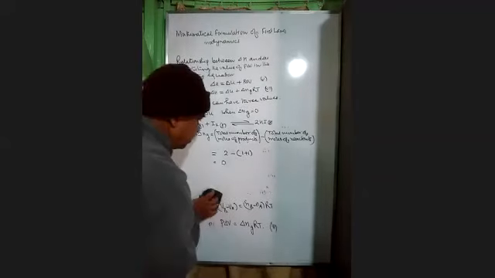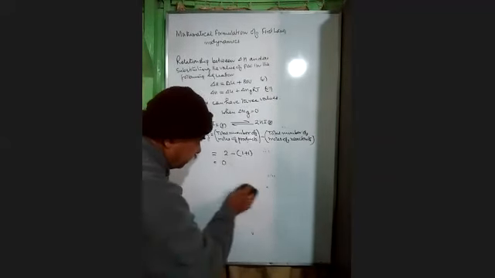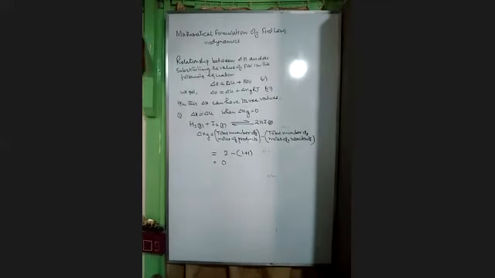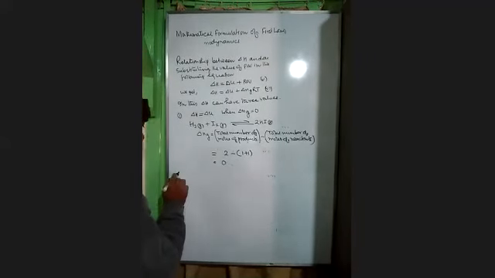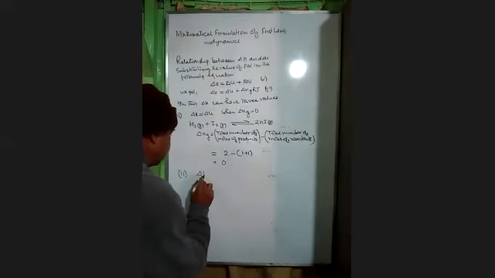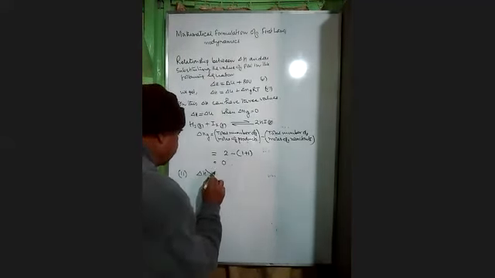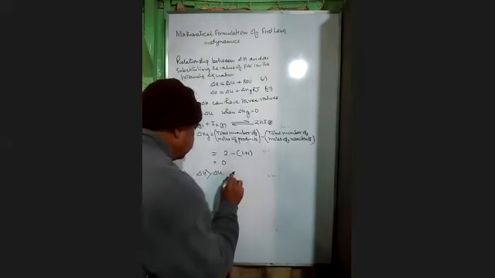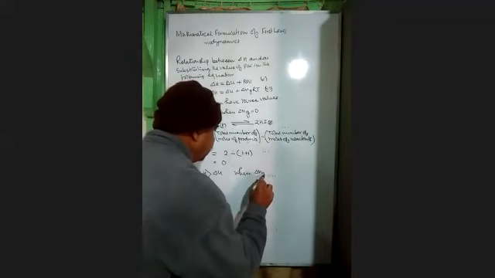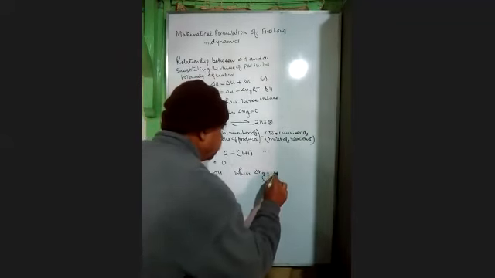Done. Now second, you find delta H is greater than delta U when delta n_g is positive.